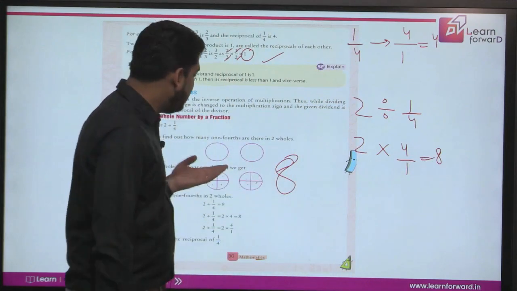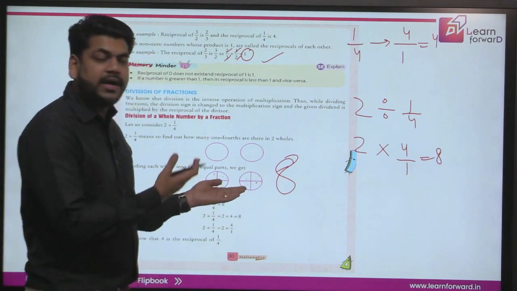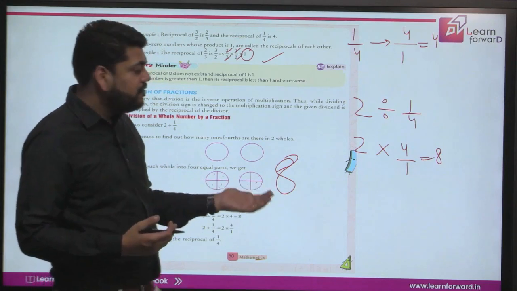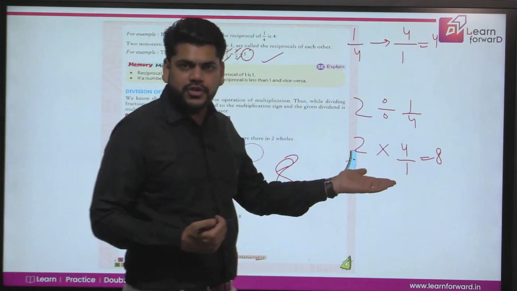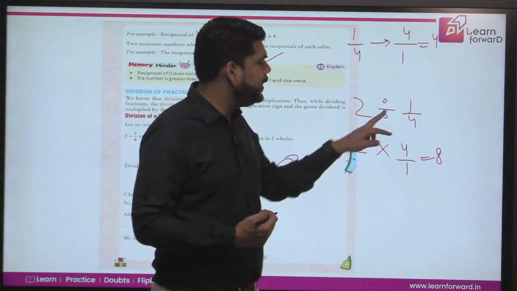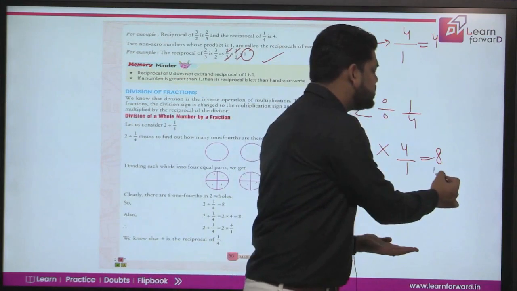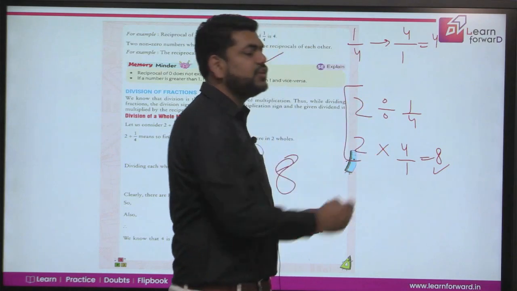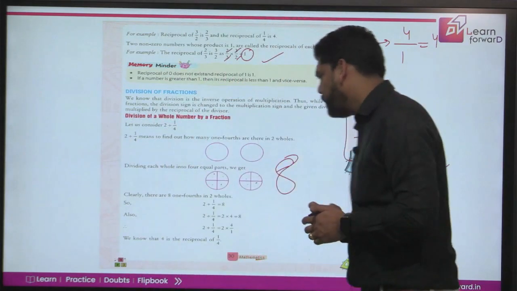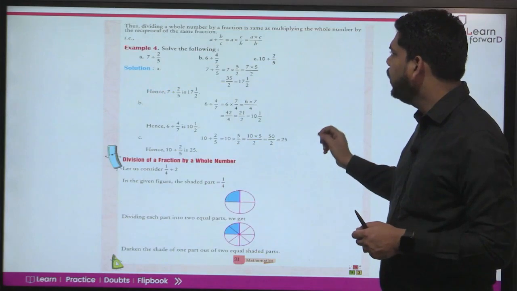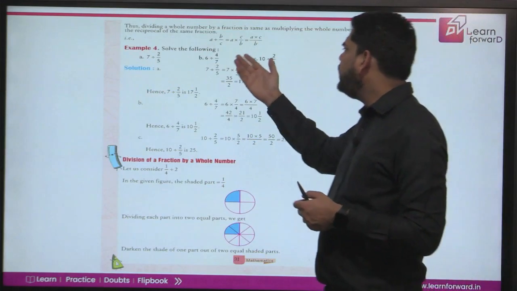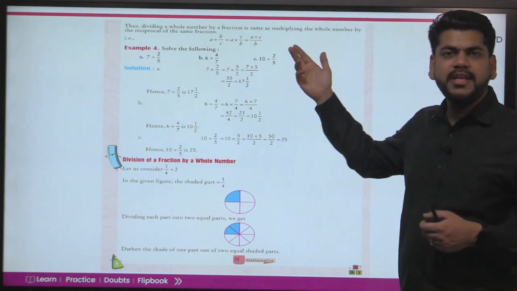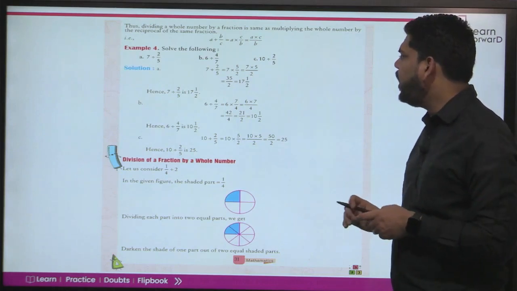When we did this question in diagram form, the answer was 8. When we do it by using this conversion method, divide into multiply and reciprocal, our answer is the same. That means the way of doing this division is correct, right? Okay. Solve the following. This you can easily do by taking the reciprocal of the second number, right?